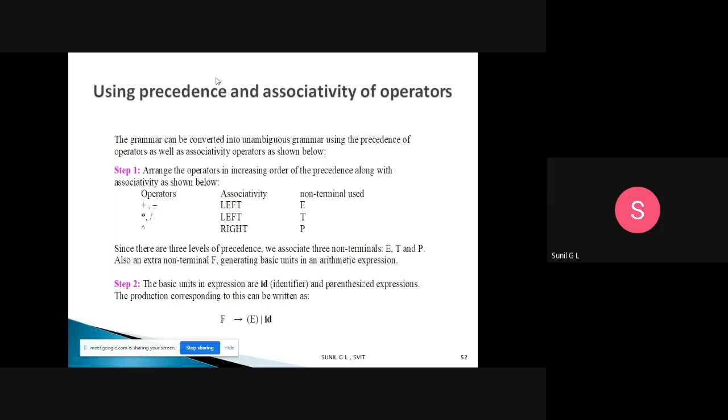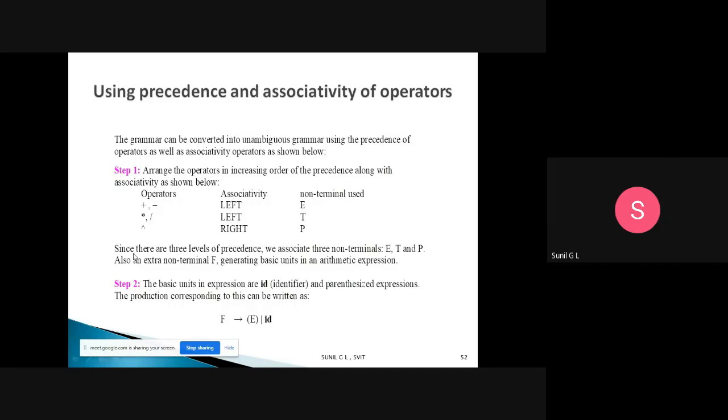Plus and minus are left associative, and for that we are using the non-terminal E. Star and division are also left associative, and we represent them using T. And the square is right associative, so it will use the non-terminal P.